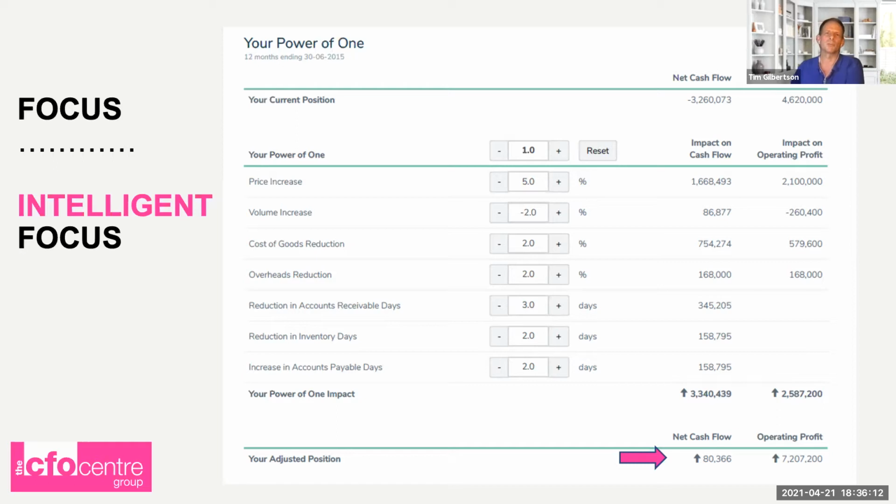You wouldn't just blindly go do a 5% price increase without first assessing the potential impact of that beyond the simple cash flow scenario that we're painting here. You want to make sure that's not going to adversely impact your company. But it's just one illustration of how making small changes to different parts of the company can have a big impact on the company's financial situation.